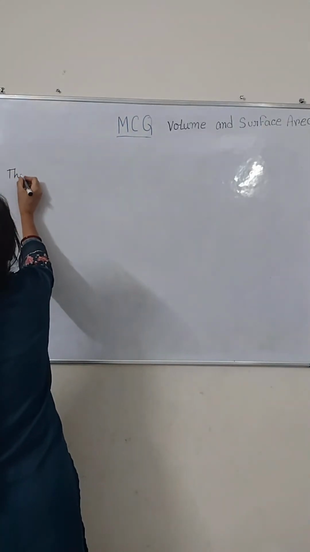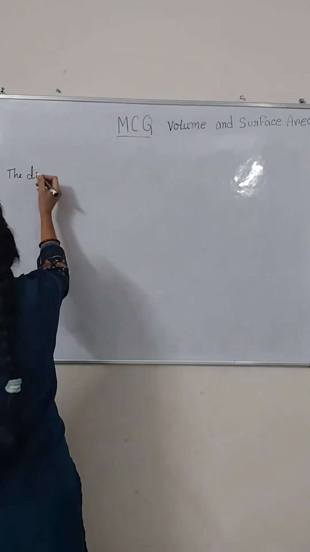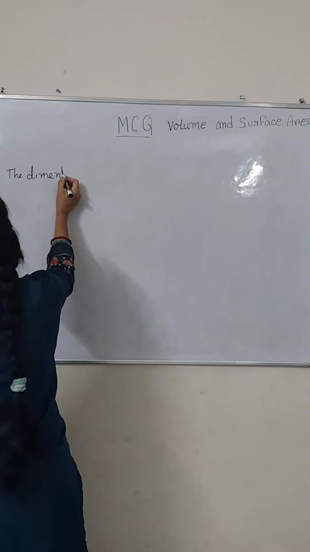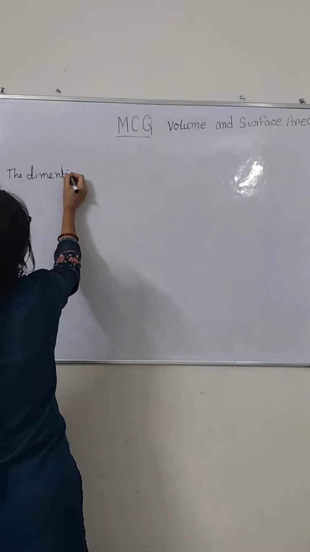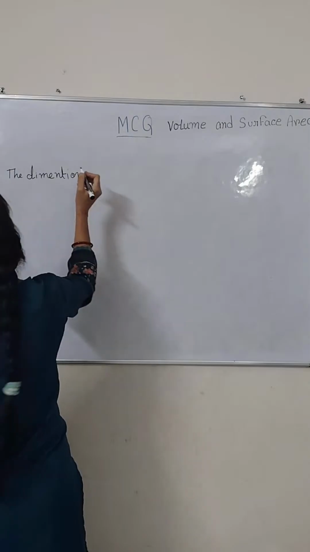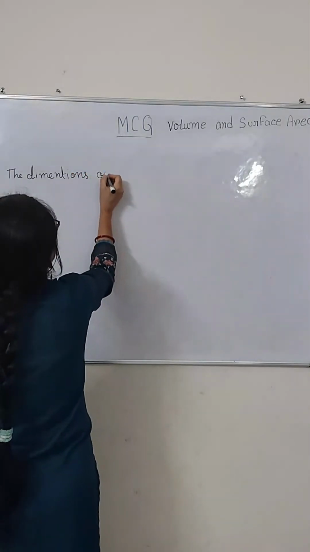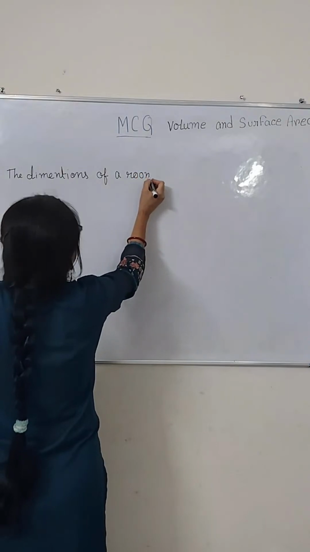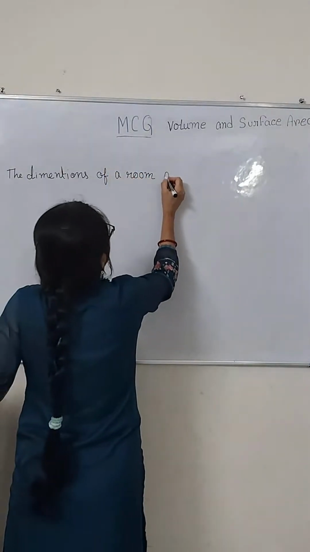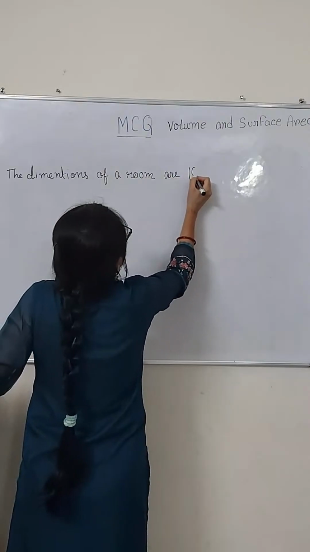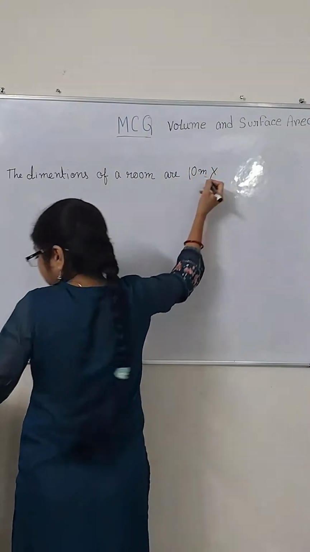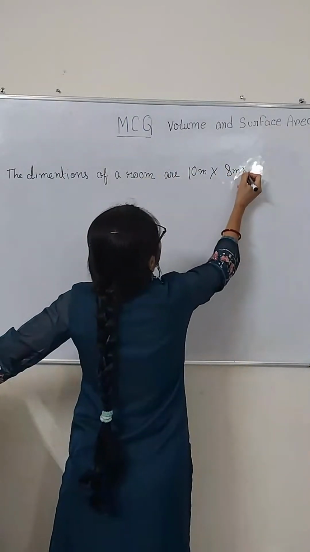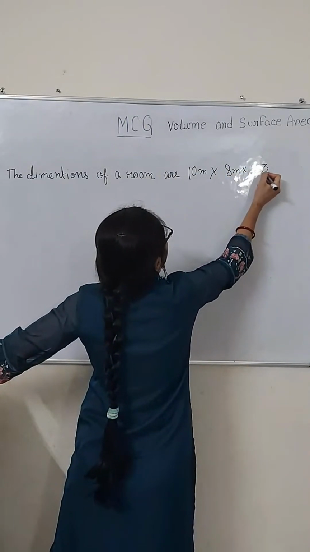The dimensions of a room are 10 meter, 8 meter, 3.3 meter.